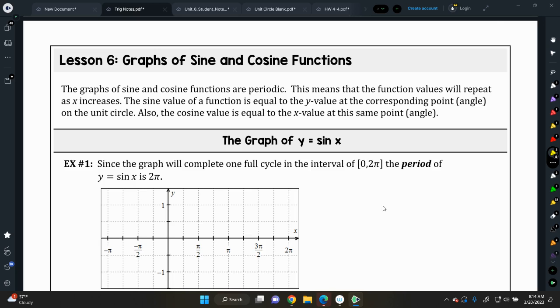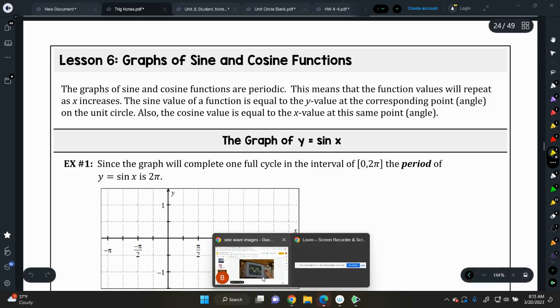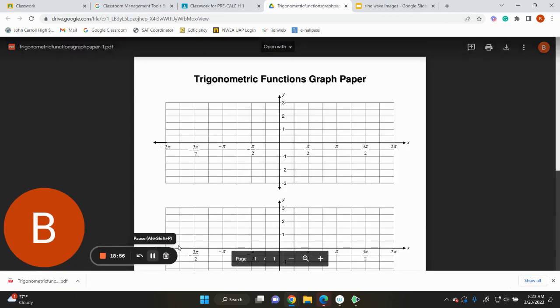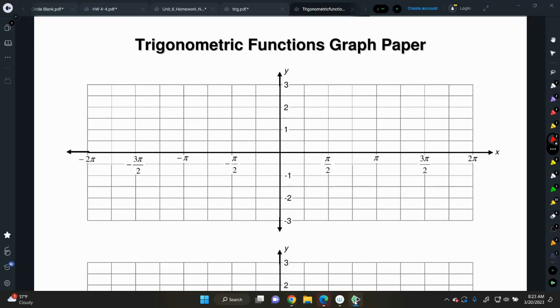Actually, you know what? I'm going to give you just a few minutes to do this yourself. All right, so my graph paper is a little bit different, but I don't want to load two of them in here, so that's fine.